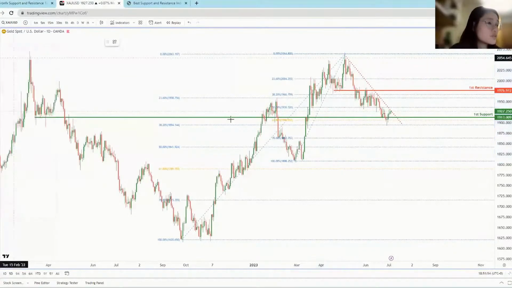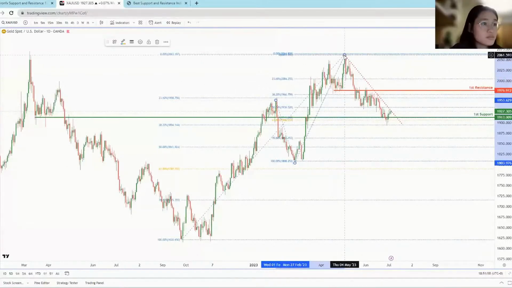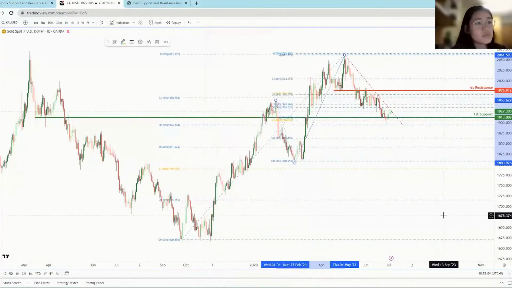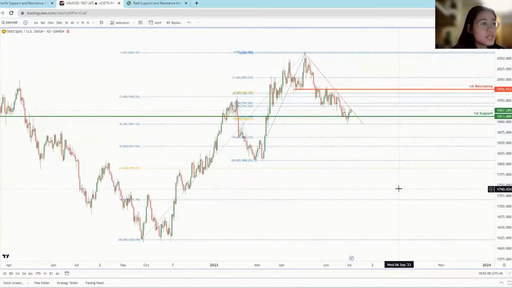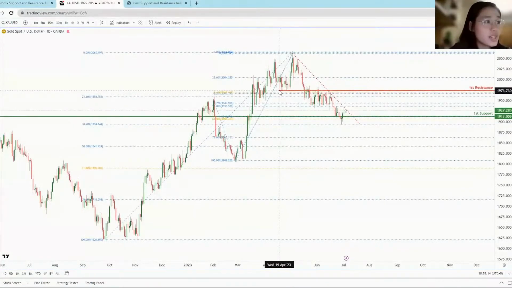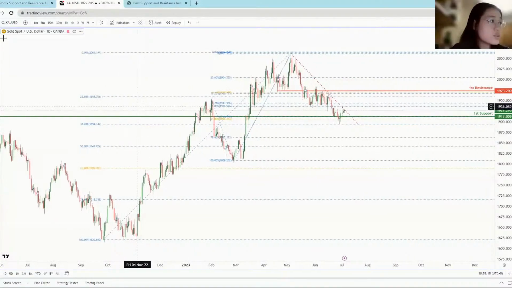And then projection from here to here. Okay, it's looking a bit messy now, but we're looking for levels that line up so that we can use them as our support and resistance levels.